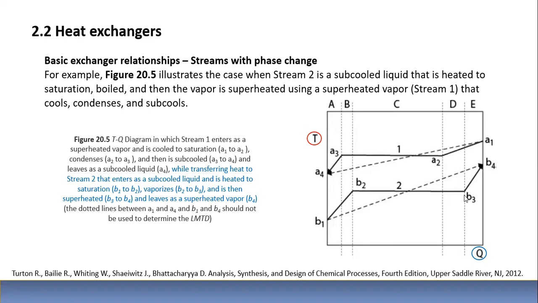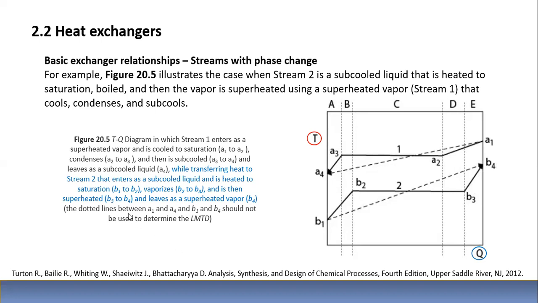So by then, in position 3, it is steam, and then finally leaves as superheated vapor from position 3 to position 4. That occurred because of this driving force between these two. The condensing superheated steam goes from superheated to saturated, from saturated to saturated liquid, from saturated liquid to subcooled liquid, and the opposite occurs on the second fluid, from subcooled liquid to saturated liquid to saturated vapor to superheated vapor.